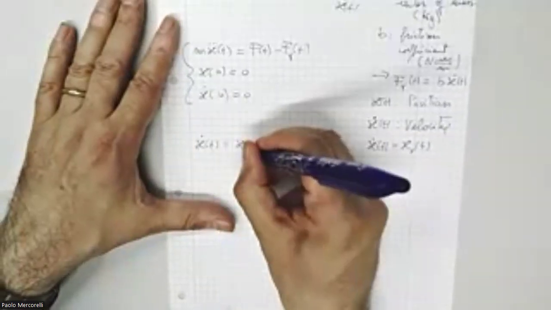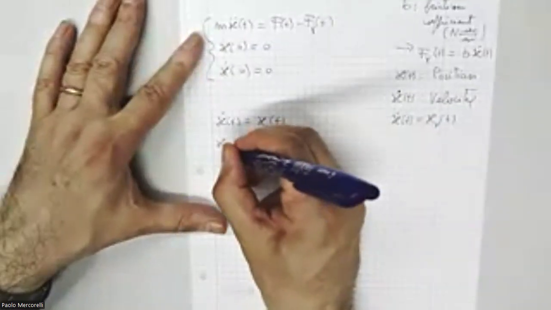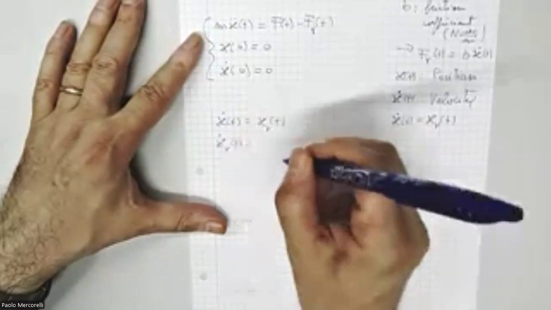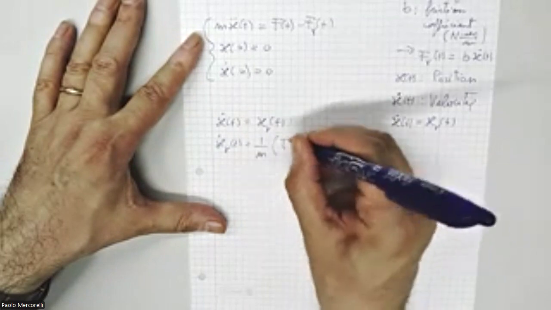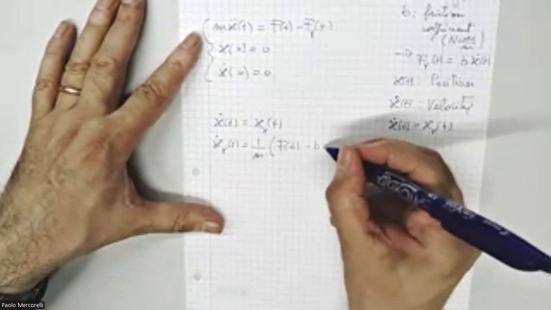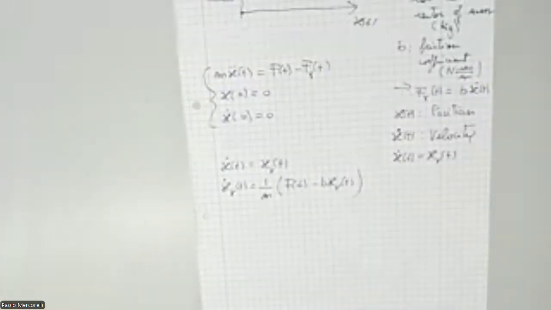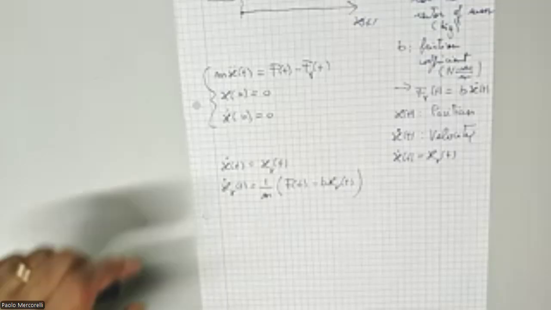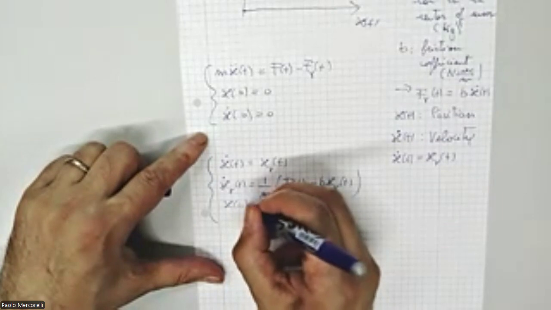The derivative of the position equals v, the velocity, and the derivative of the velocity equals what? 1 divided by m, multiplied by f of t, which is an input, minus Fr, which is b multiplied by v. Do you remember I told you a lot in the context of the friction force, how we can model this Fr? And of course, I have to also include this initial condition.